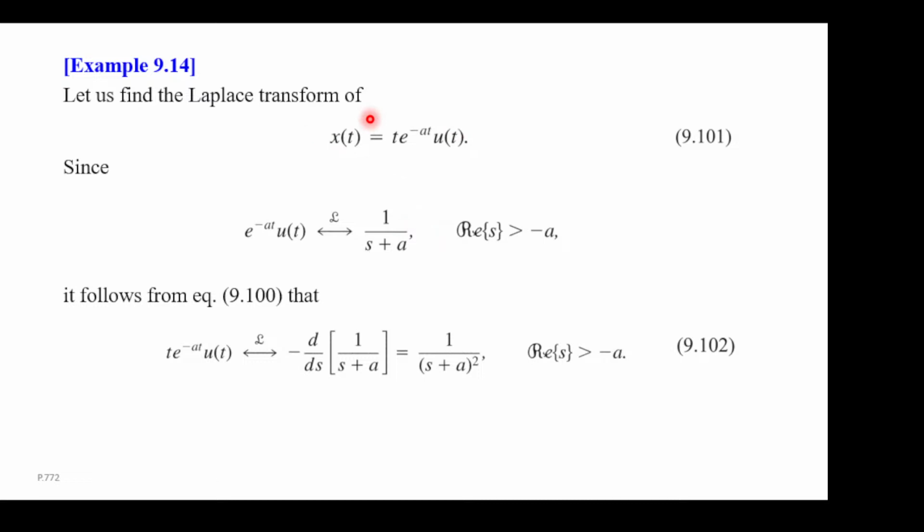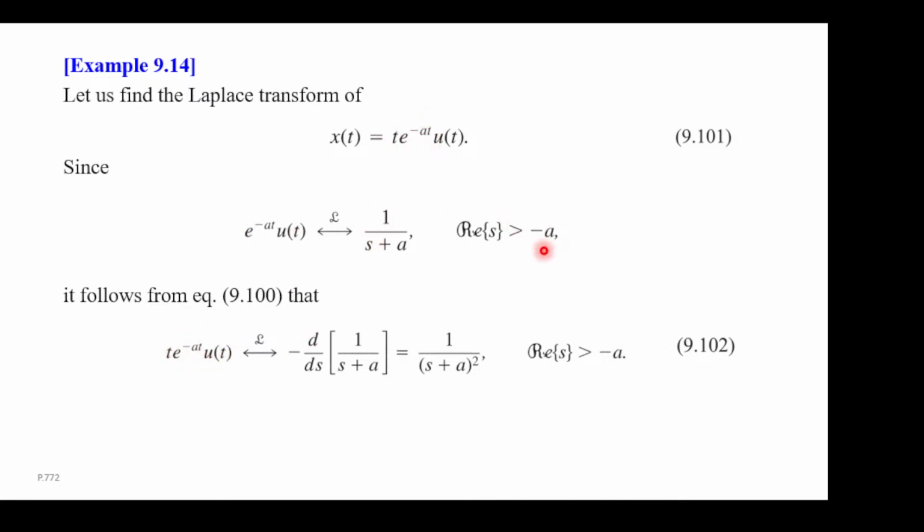I guess the logic is kind of backward, but what we know is the Laplace transform of e to the minus at u of t, and it's 1 over s plus a, with ROC being real part of s bigger than minus a. This is the first example we see all the time. Now we take d/ds on this side, and you will get -t times this on the time side.